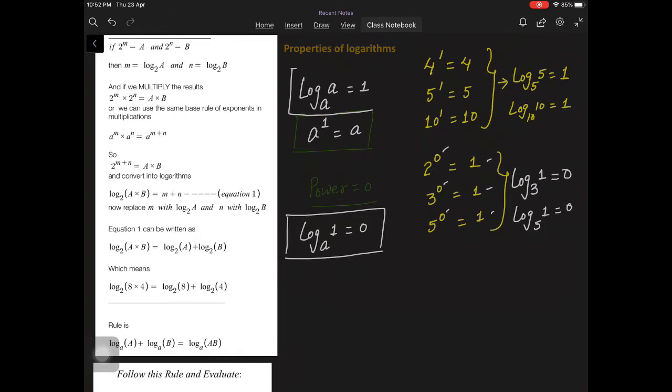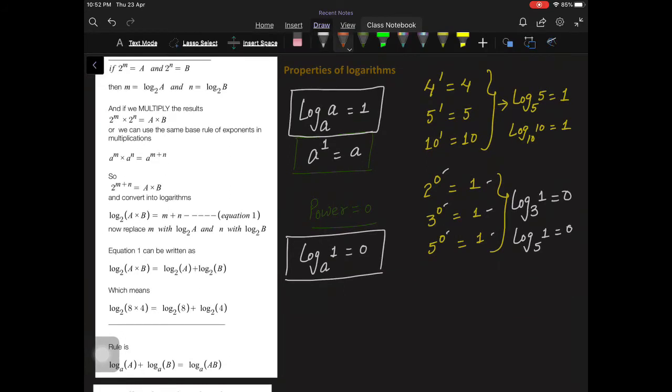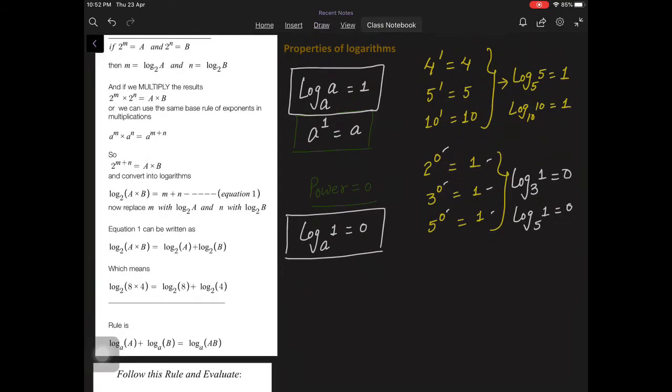Now look on my left hand side. There is one rule where we will add two logs and we'll get to know the rules. You can see there is 2 to the power m. I have taken one example. So base is 2, power is m, the result is a. Base is 2, power is n, the result is b.